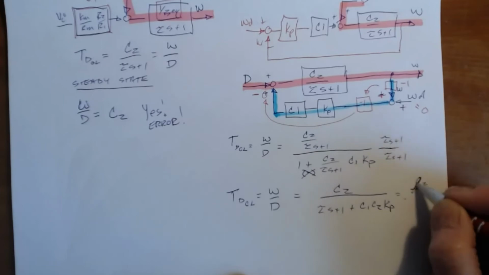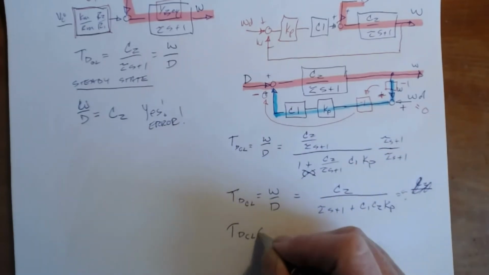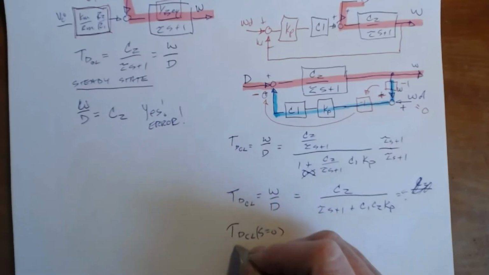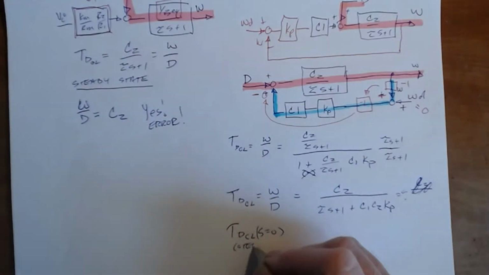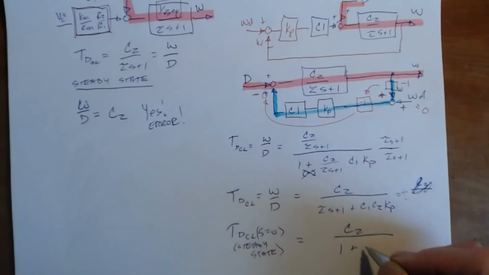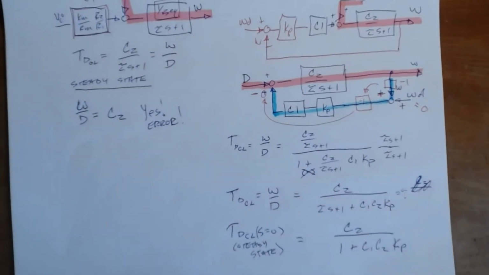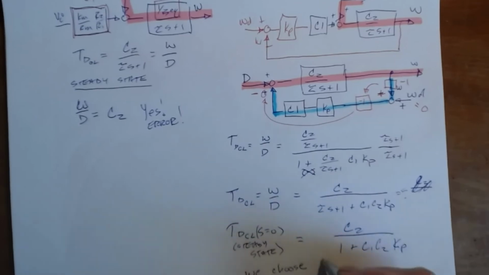Let me just do this. The TCL closed loop, S equals 0, that's steady state, is going to be C2 over 1 plus C1 C2 KP. So there's some finite error on here. But remember, we choose KP.